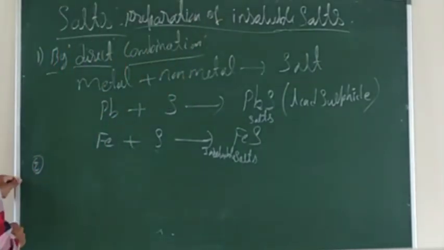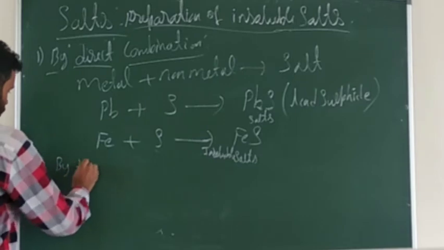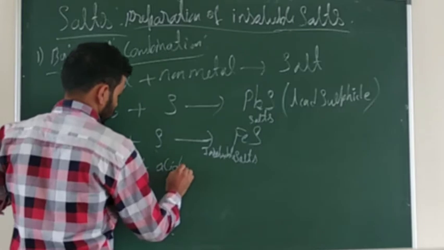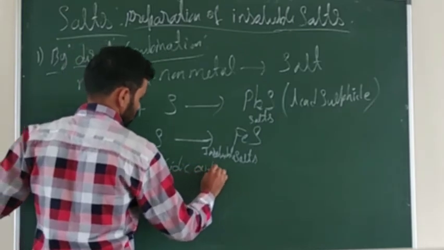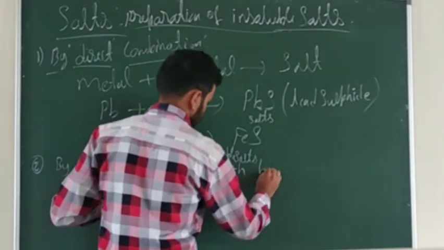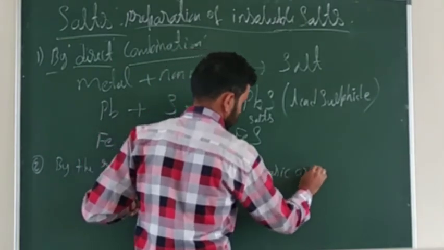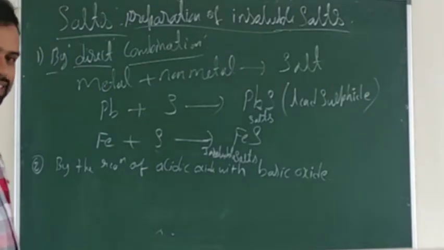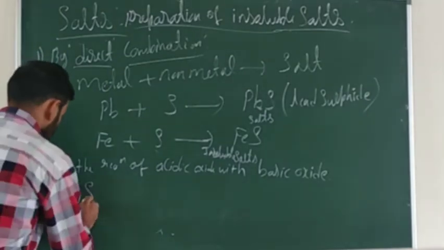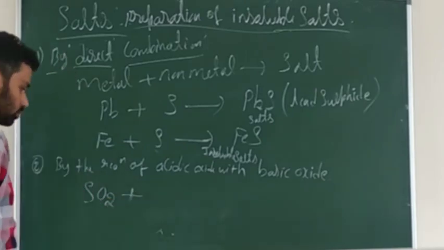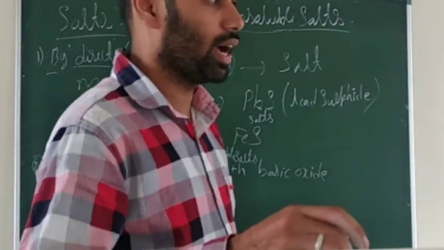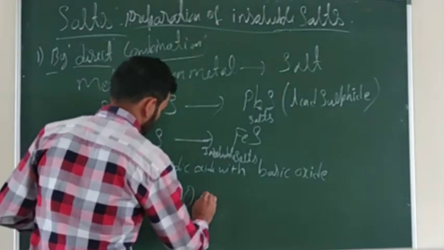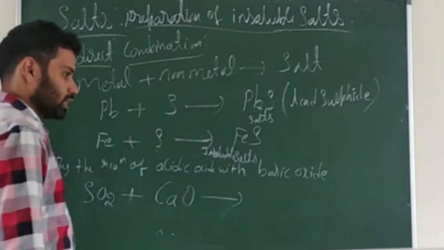The second method is by the reaction of an acidic oxide with a basic oxide. For example, when sulfur dioxide reacts with the basic oxide, that is calcium oxide, what will be the product?